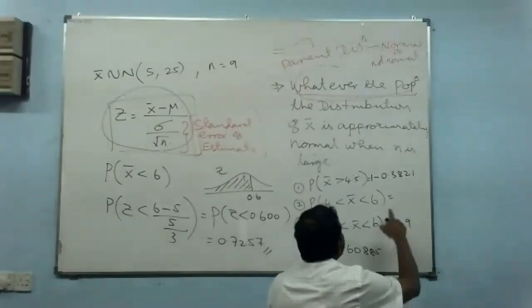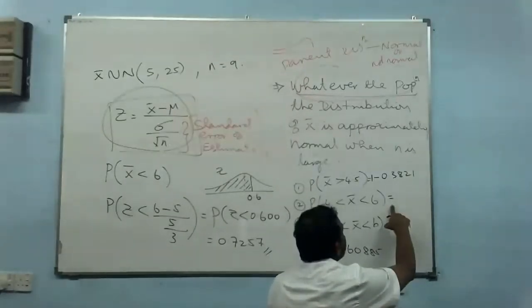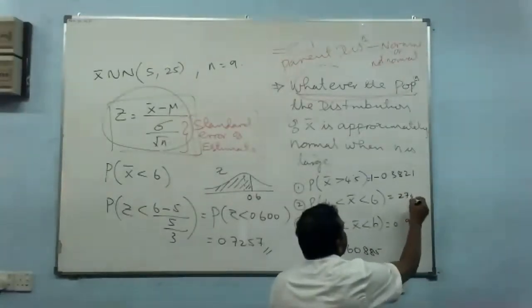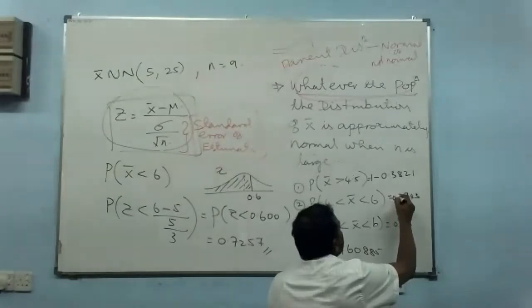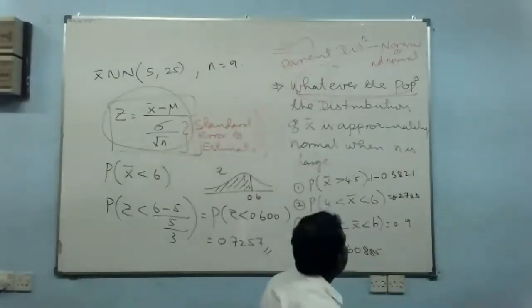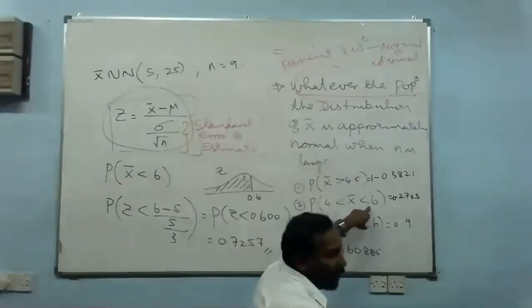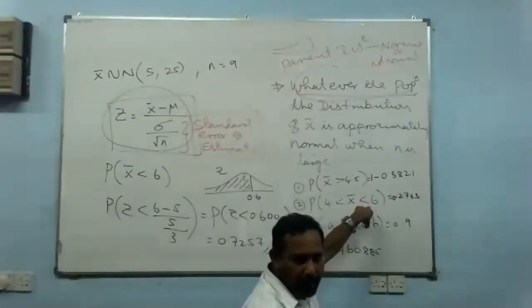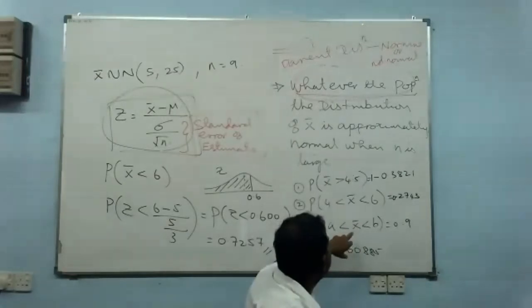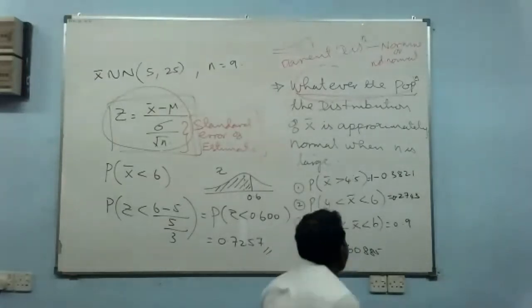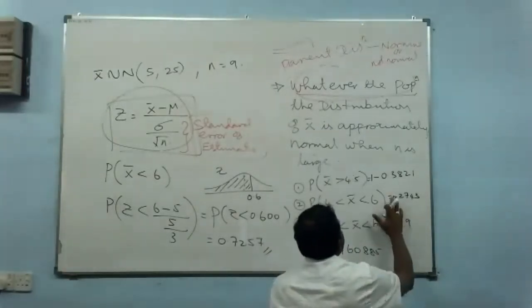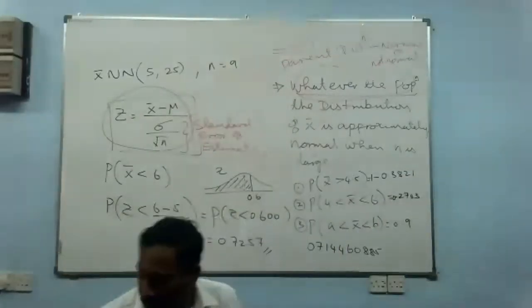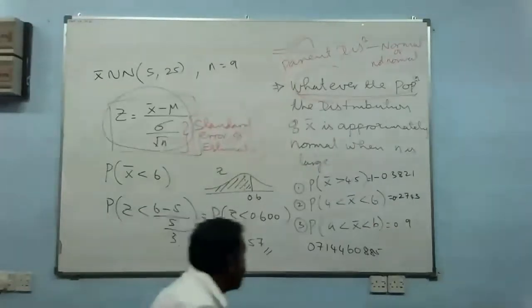One. 0.2743. Yeah. That's right. That's for 4. Then X bar. That is for 4. Two answers, no, sir? I didn't get your answer.